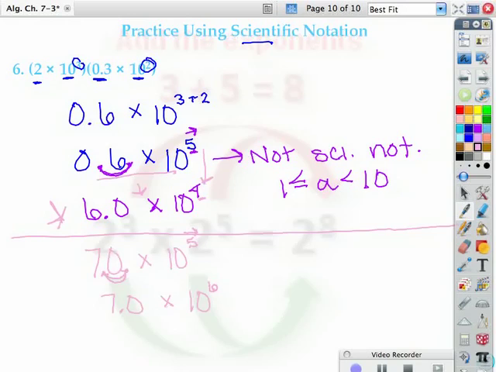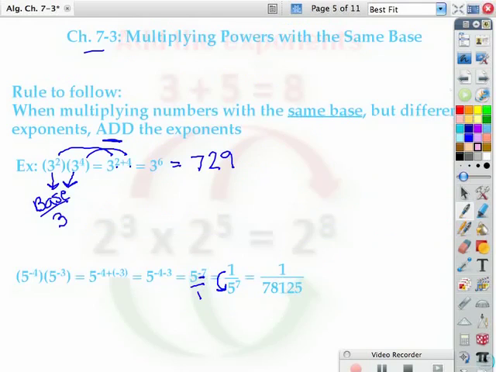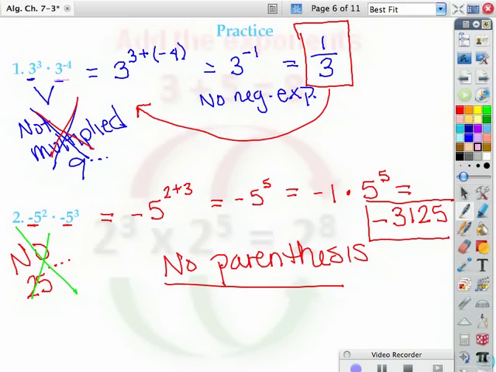So, quick recap. When powers have the same base, add the exponents. Always add the exponents. Keep the base, all right? On to these examples, remember we kept 3, we did not change it to 9. We kept -5, we did not change it to 25.